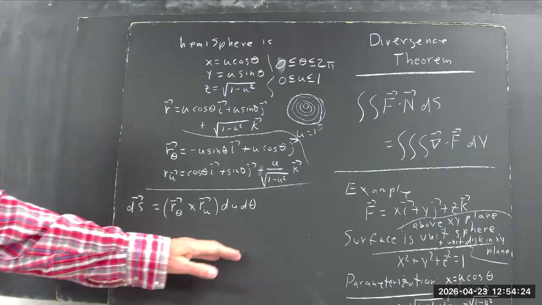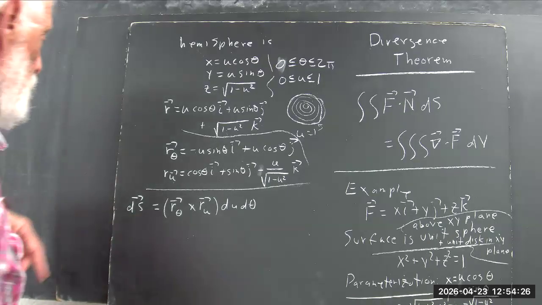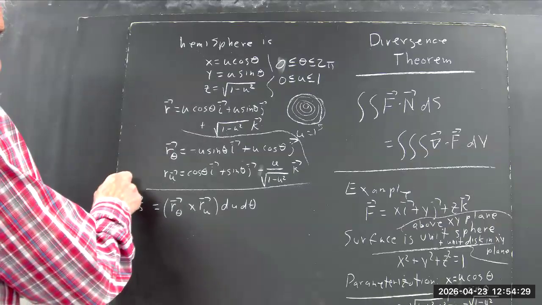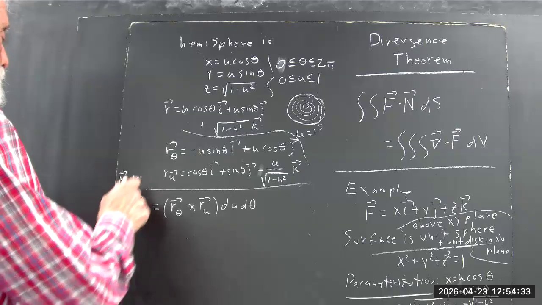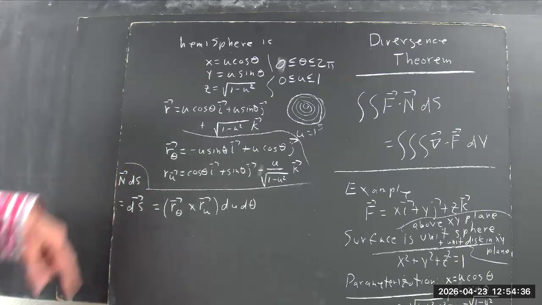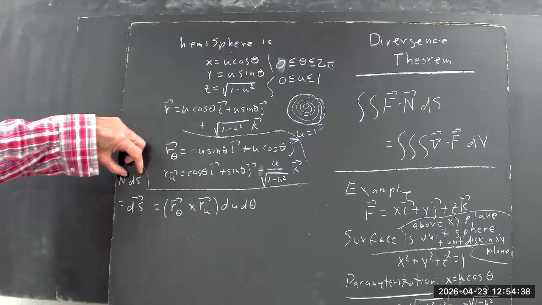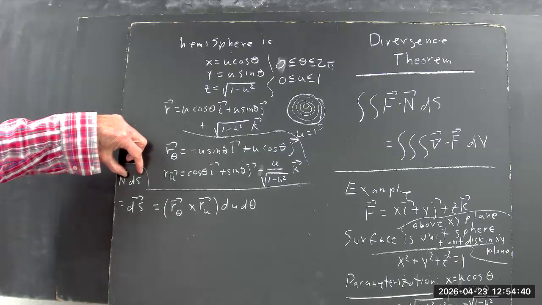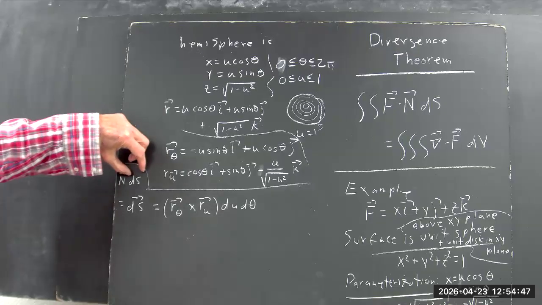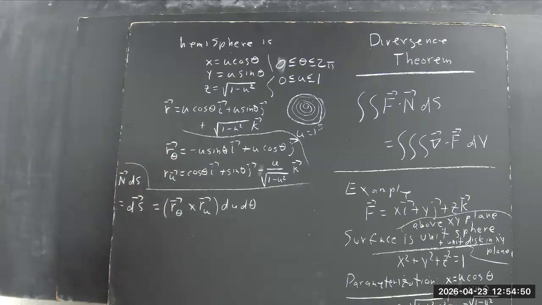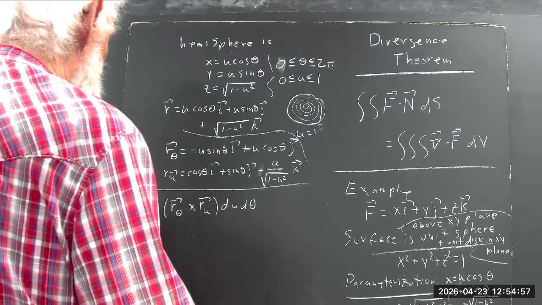Again, it should be familiar. And dS with an arrow over it is just the normal vector times dS without an arrow over it. dS without an arrow over it is just the area. And dS with the arrow is the area with a normal vector sticking out of it. Okay, so we have this.